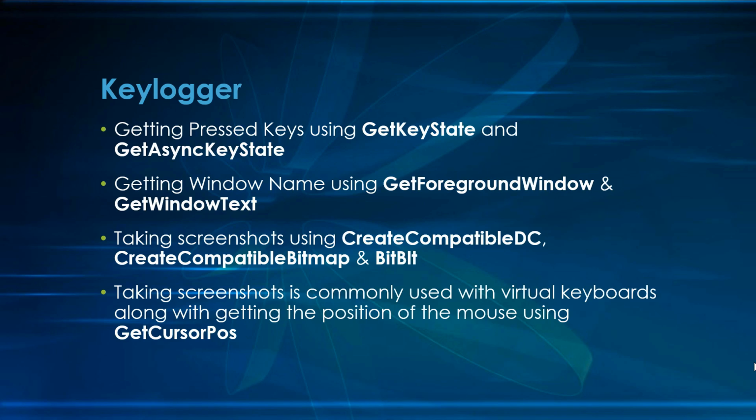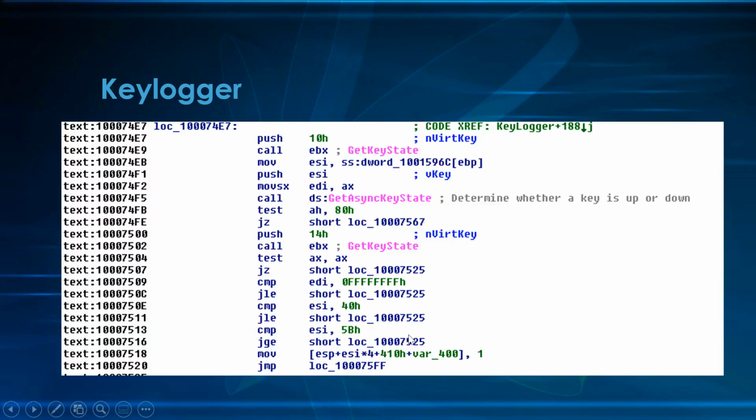We also see keyloggers looking at the clipboard data and trying to get information from it. As an example, sometimes malware has code like this: GetKeyState, GetAsyncKeyState, which determine if a key is up or down, for Shift, for Caps Lock on, for stuff like that.